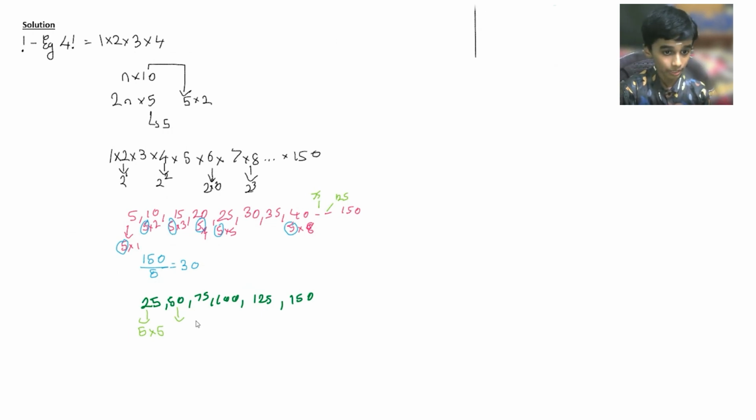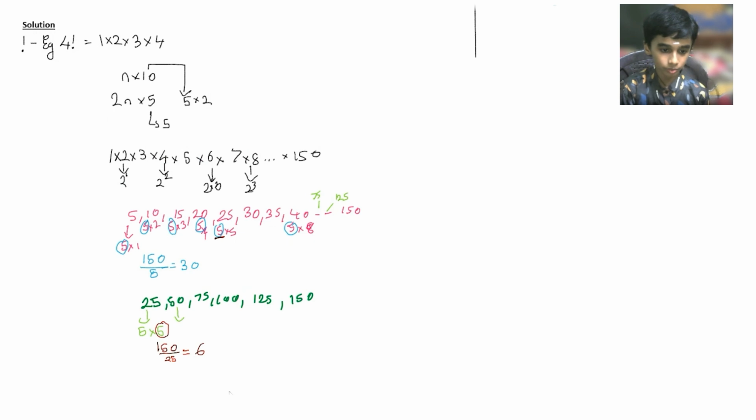Note that for the first 5, we already did it in counting the first 5s, as you see over here in the circle. Now we are worrying about this 5. So what we do? Again, same way, we divide 150 by 25. It is 6. The 6 more 5s we get in this group.